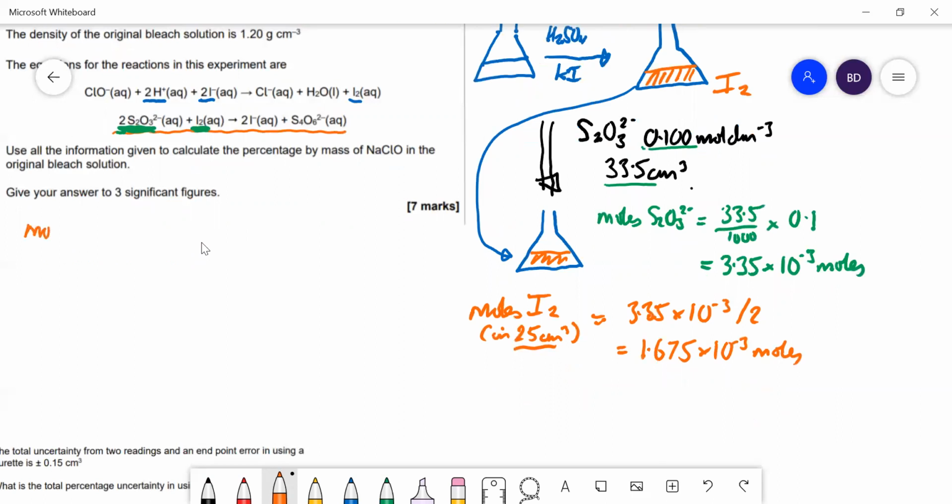So moles of iodine in 100 is 4 times that, which is 6.7 times 10 to the minus 3 moles.